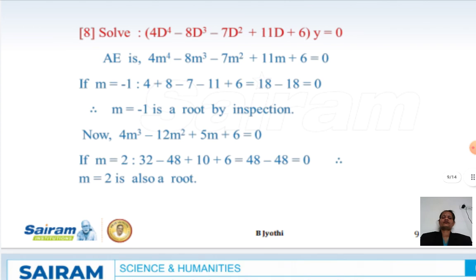Solve 4D^4 - 8D^3 - 7D^2 + 11D + 6 of y is equal to 0. On solving, -1 is a root by inspection. By synthetic division, it reduces to a cubic equation, that is 4m^3 - 12m^2 + 5m + 6 = 0. Again, by inspection, m = 2 is one of the roots.